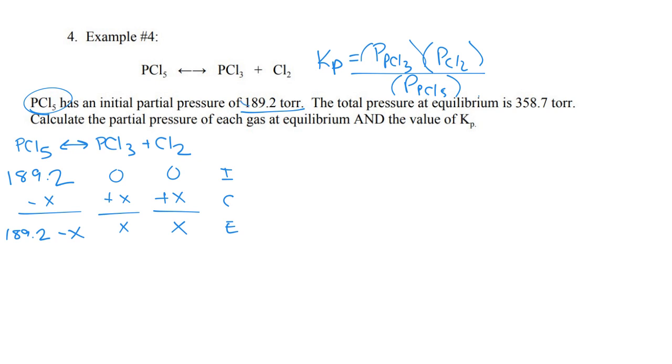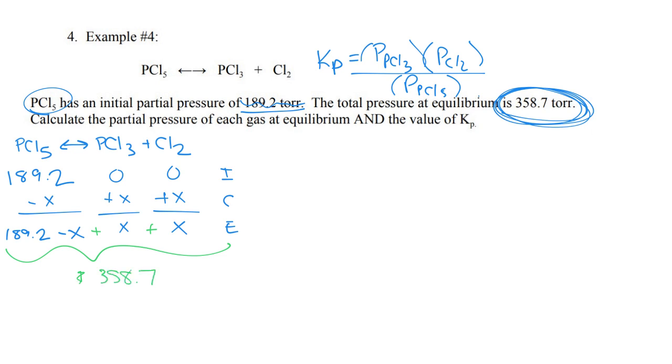I used this number already, so I'm not going to be using that again. It tells me the total pressure at equilibrium is 358.7 torr. That means that if I take all of these numbers and I add them together, then it is going to equal 358.7.